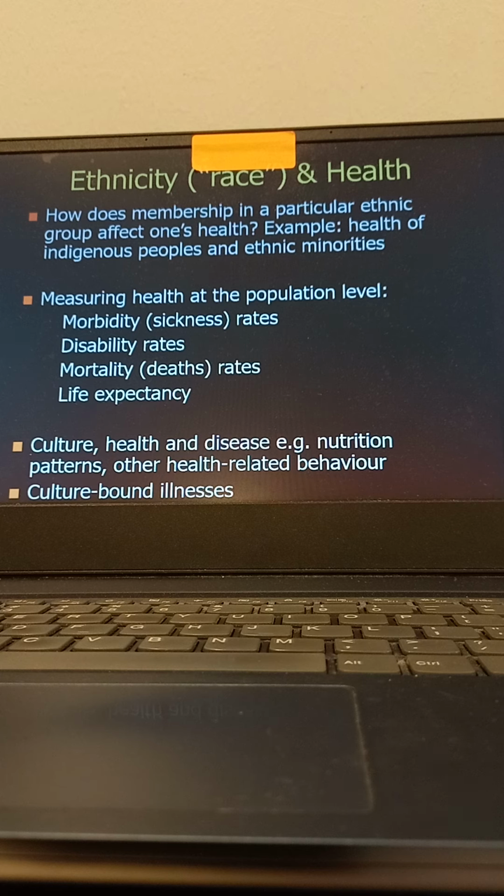There's also something called culture-bound illnesses, that is, illnesses which are found in some cultures and not in others. For example, one example would be anorexia nervosa, which is unheard of in some countries where people are so poor, they don't even have enough to eat, they are malnourished and so on.